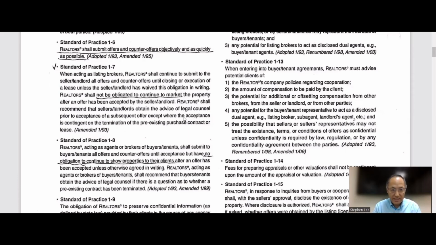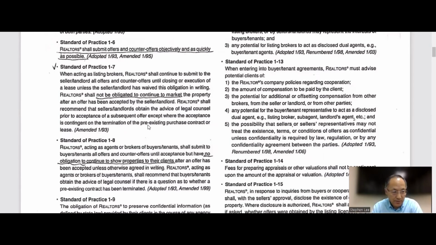So the seller cannot accept the subsequent offer because it becomes a dual contract situation, which is a violation of the law, the contract law. So you have to talk to the attorney.